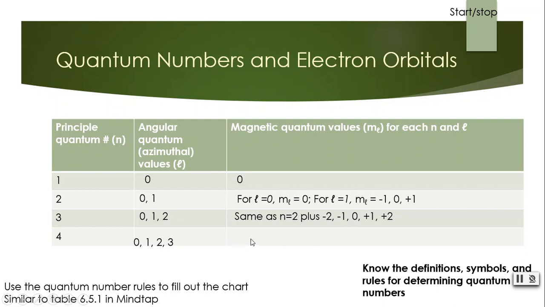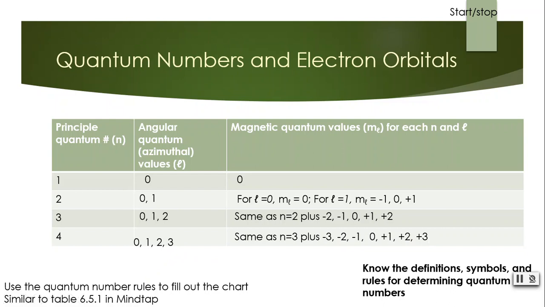And then finally, when you get to n equal to 4, since we've got 4 L values, we need to have 4 ranges. So all of the m sub L values that we need to list are the same as for the previous principal quantum number, but we need to add the ones for L of 3, namely negative 3, negative 2, negative 1, 0, plus 1, plus 2, plus 3.